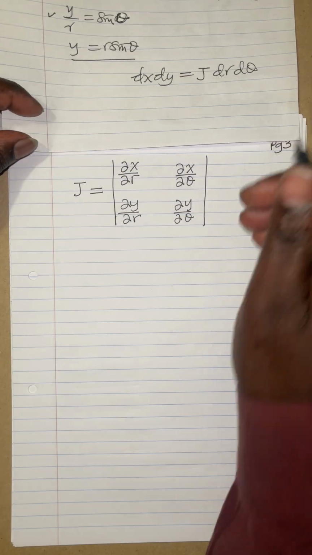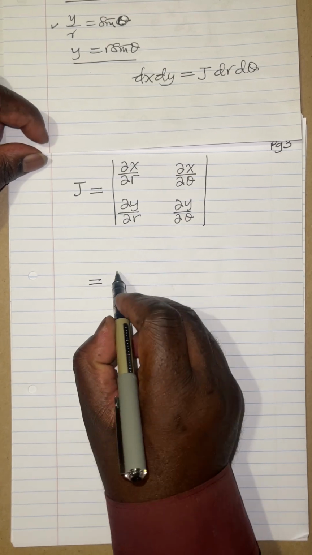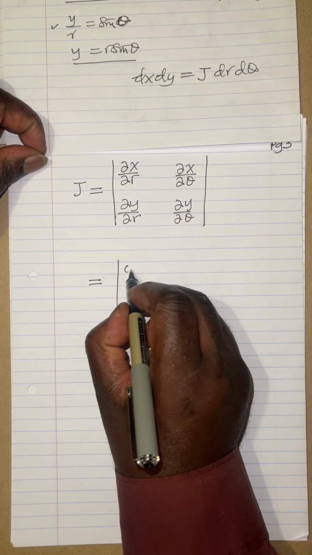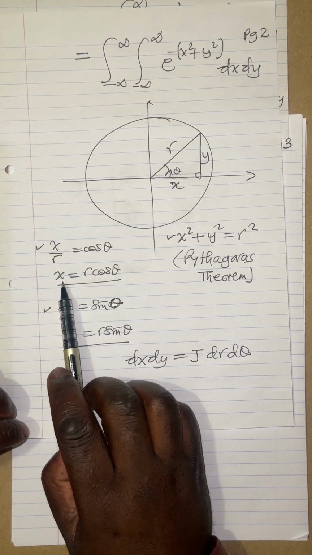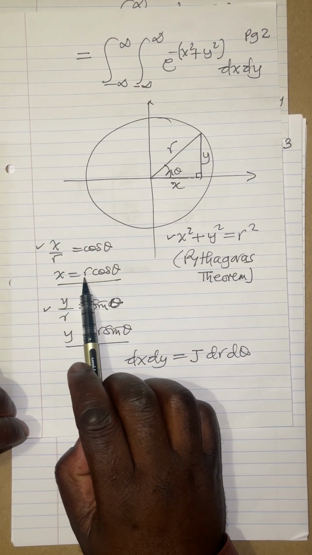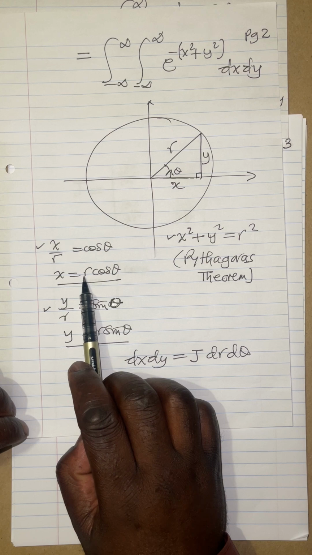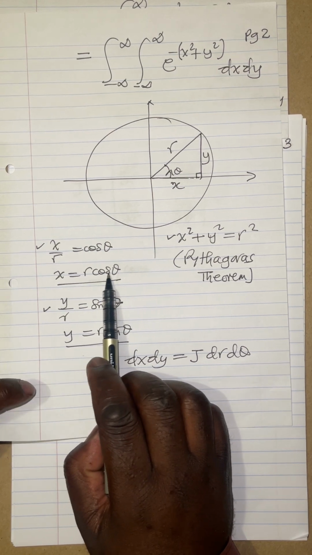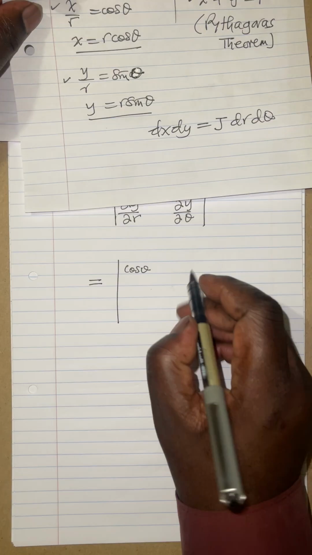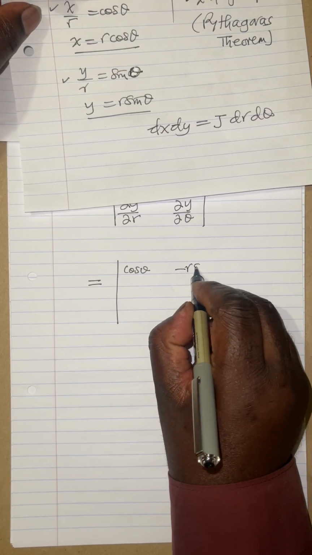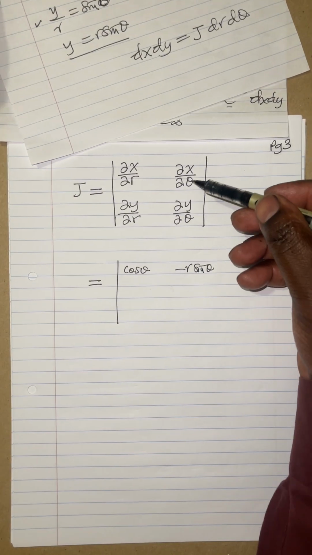So in the first position here, we're going to have cos theta. And then we differentiate partially x with respect to theta, keeping r constant. So it's going to be r times minus sine theta. Remember, the derivative of cosine theta is minus sine theta. So we are going to have minus r sine theta in that position.